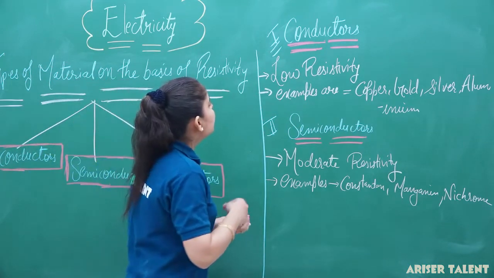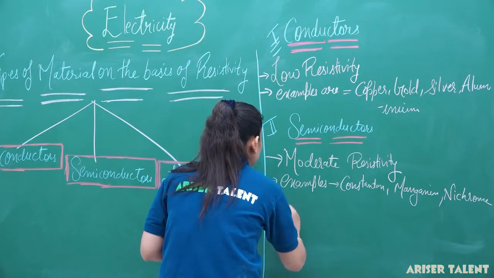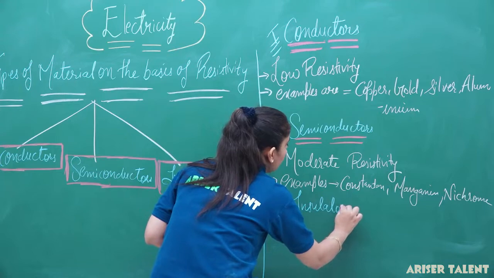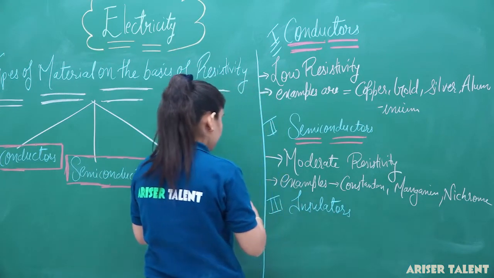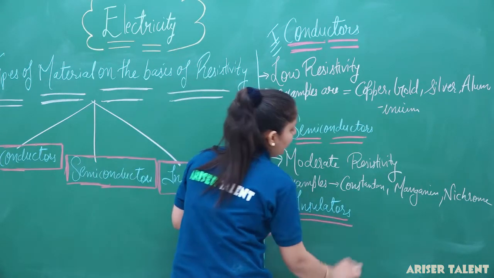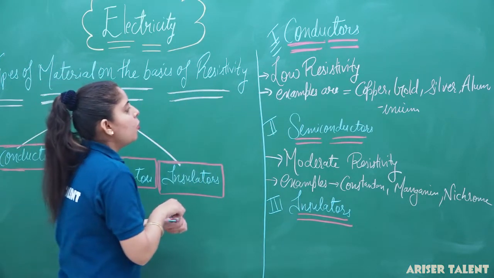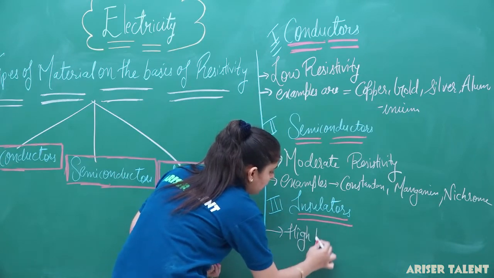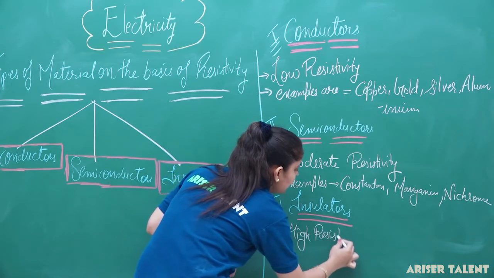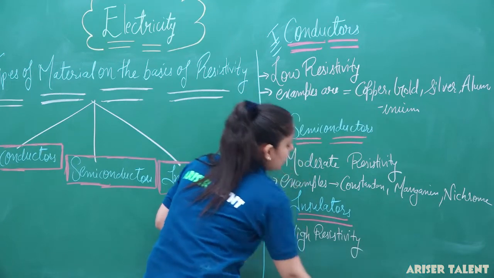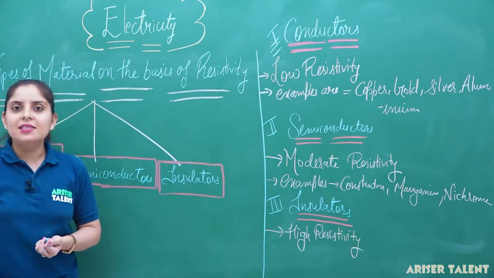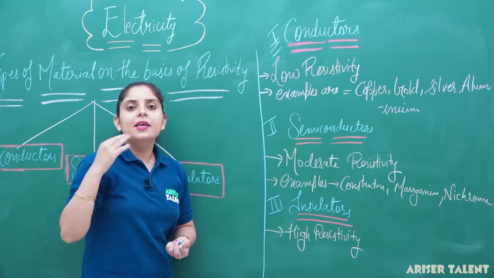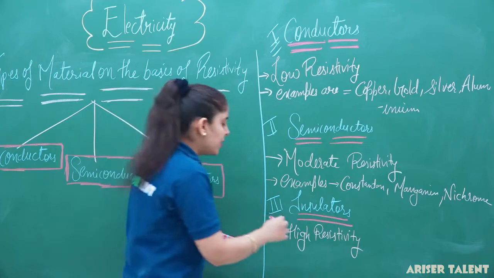Now, discussing the high resistivity materials, they will show zero conduction. They are known as insulators. So, the insulators basically have high resistivity. If they have a high resistivity, it means they will not show any conduction. There will be no passage of electrons through such material.